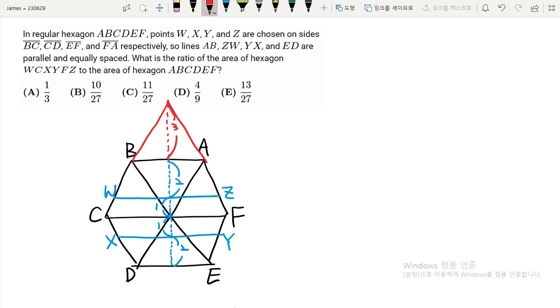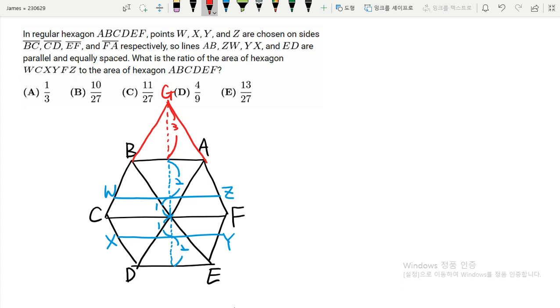So if the vertex is G, the ratio of similarity between GBA and GWZ is the same as the ratio of this altitude 3 to 5. The total altitude is 5.